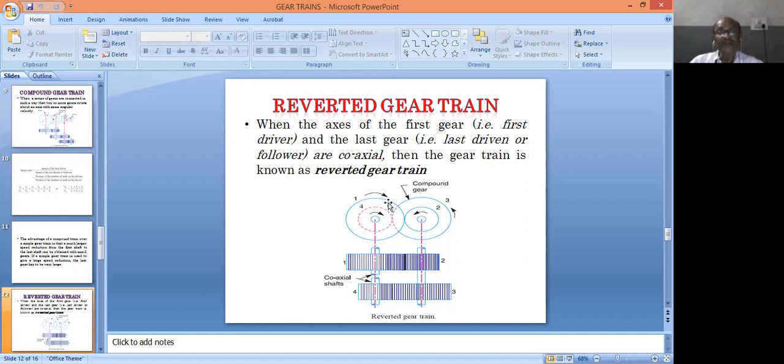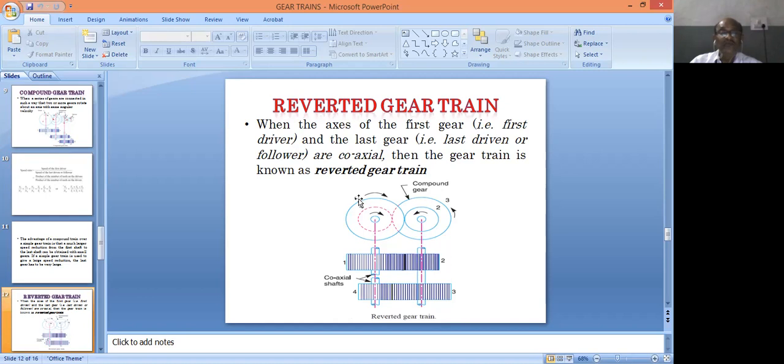So gear 1 drives gear 2. Again, gears 2 and 3 are connected on the same shaft here. So gear 3 also rotates at the same speed as gear 2. Again, gear 3 drives gear 4, which is mounted on the first shaft.